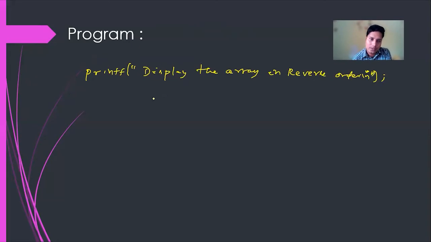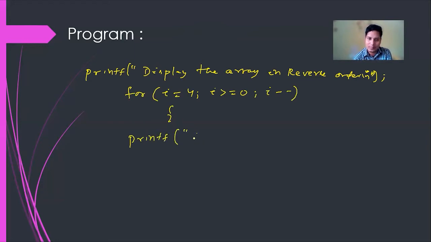Okay, so for i equal to 4 semicolon, i greater than equal to 0 semicolon, i minus minus. So printf, percent first, backslash n. Let me change.